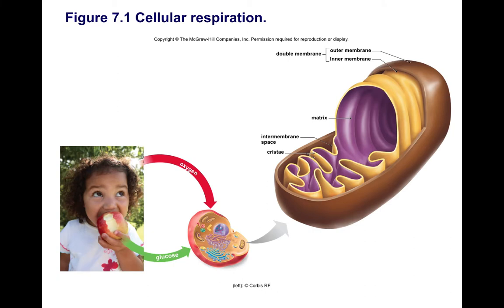You need oxygen and energy in the form of sugars, typically as glucose. And the very same thing applies to cells and in particular to the mitochondria. Well, what do you produce as a result of breathing?